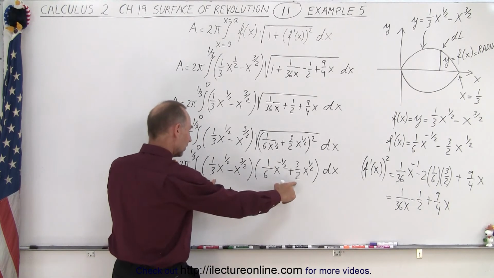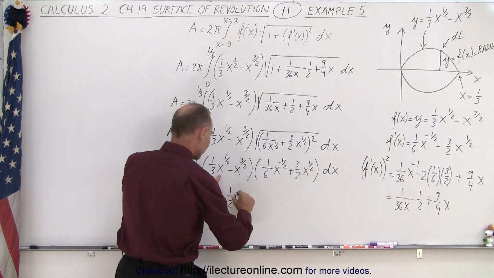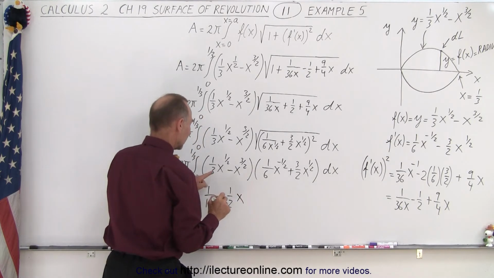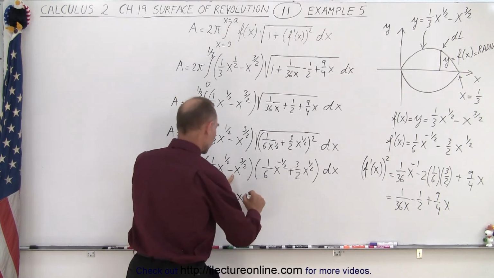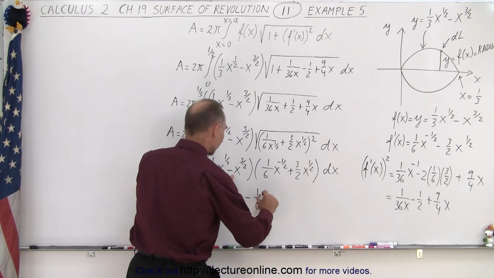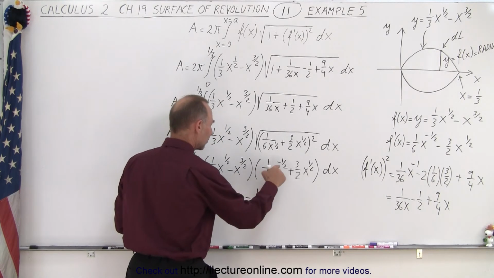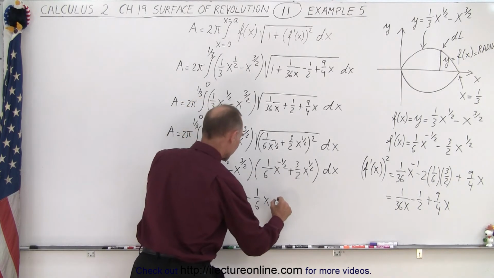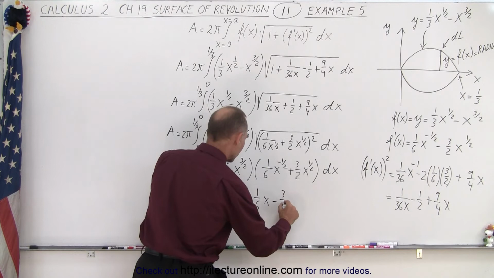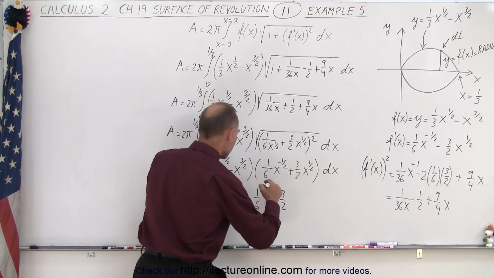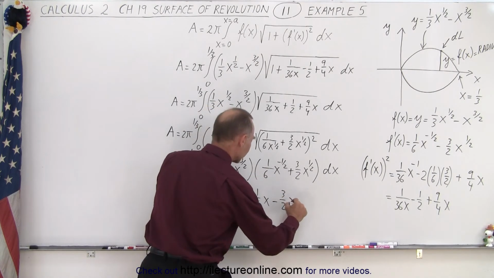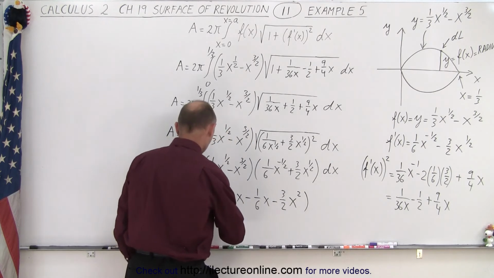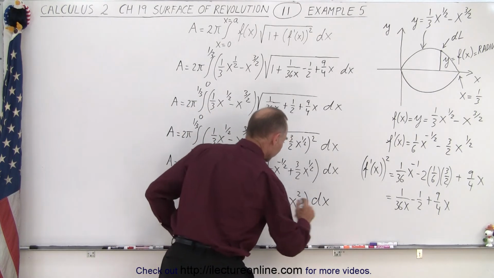X to the 1/2 times x to the 1/2 gives us x to the first power. Now this times this will be minus 1 over 6 x to the first power, because that's 3/2 minus half, that's to the first power. And finally, these multiplied together, that's minus 3 over 2 x to the, add the exponents, x squared. And the whole thing times dx.